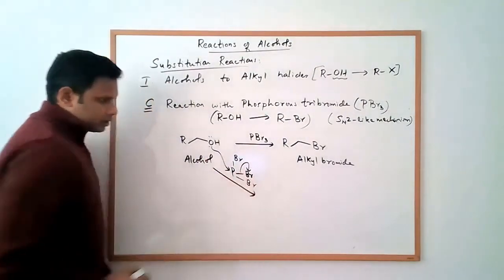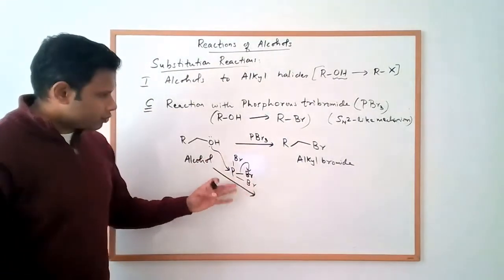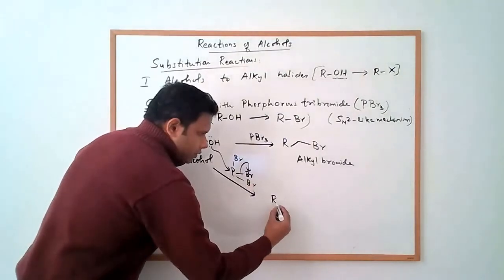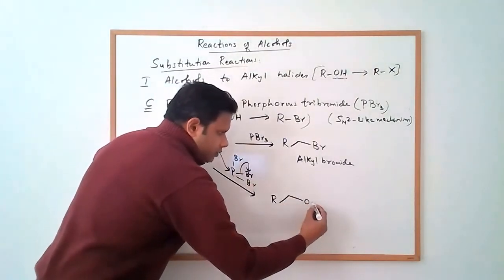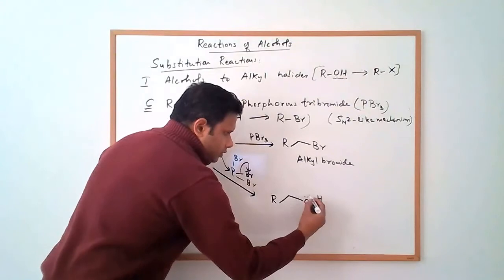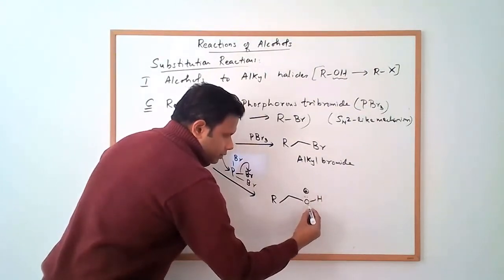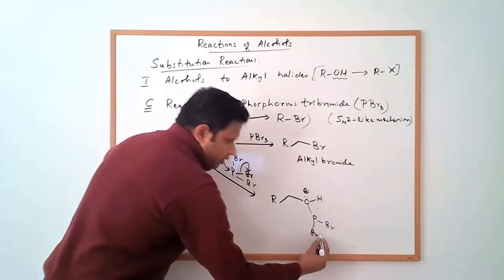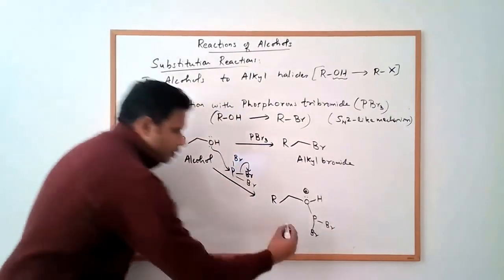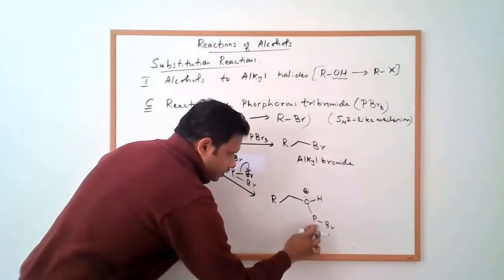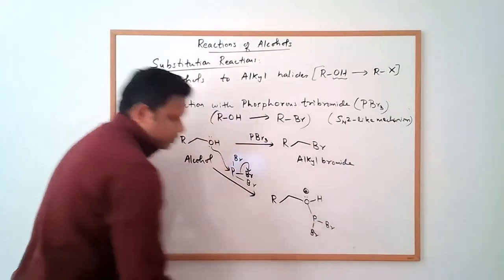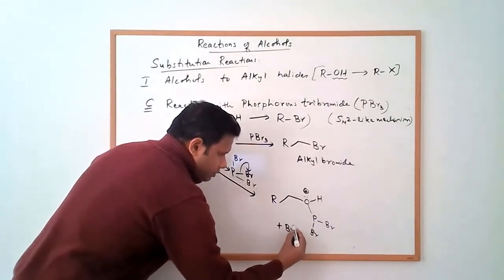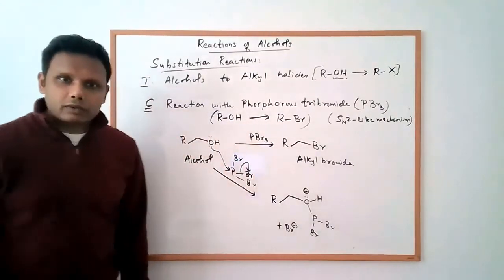One of the Br's gets kicked out, it doesn't matter which one, so that we get an intermediate where we have the oxygen with one lone pair and a positive charge. This is connected to the phosphorus, which has Br and Br on it. And there is a bond here between the phosphorus and the Br. And along with this, we've got the Br minus that was kicked out.